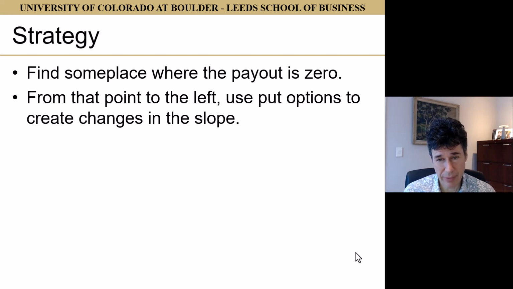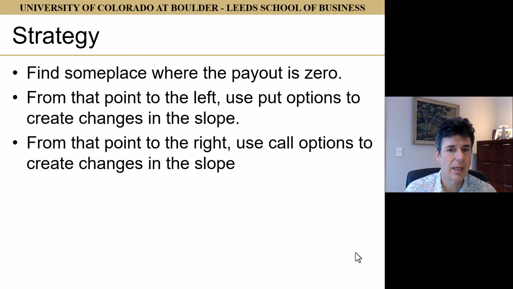So if we work from that center to the left, we're not going to affect anything as we add new put options to the right. From that point to the right, we use call options for exactly the same reason. It doesn't affect anything to the left. So if we work from that point where it's 0 to the right, we use call options and we can create changes in the slope without affecting anything we've already drawn before.